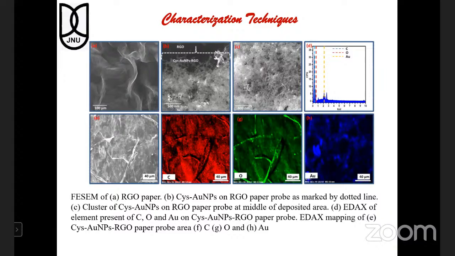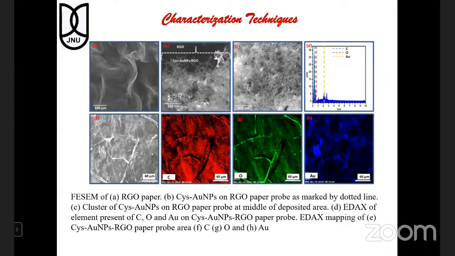EDS mapping shows the color of the elements present on the surface. First is the RGO paper only. Second is the RGO paper with gold nanoparticles deposited onto the surface. You can see a globular morphology on the electrodes, which indicates the nanoparticles are deposited on the electrode surface.